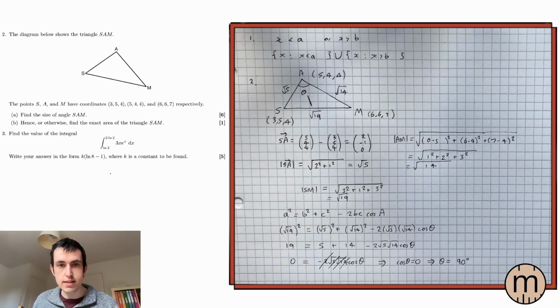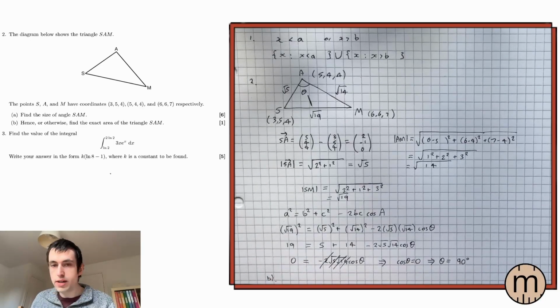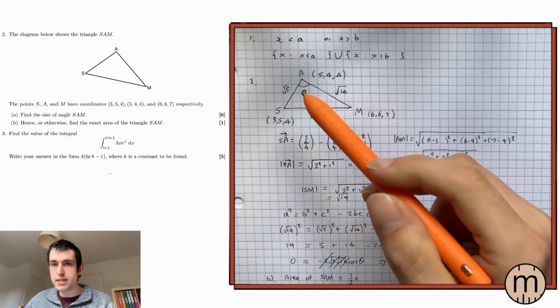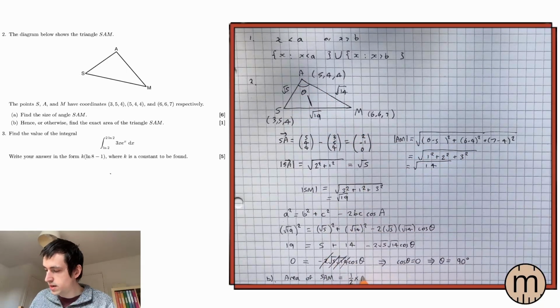because it does say, hence, find the exact area of the triangle SAM. Well, how do you find the area of a right angled triangle? Half base times height. So the area of SAM is half. What's the base? The base is going to be this one here, root 5.